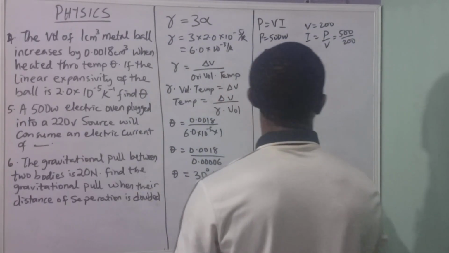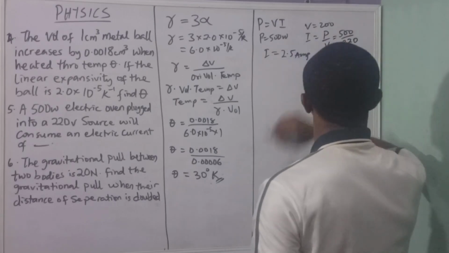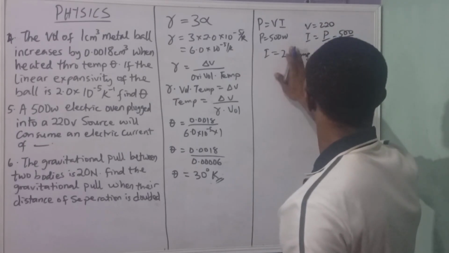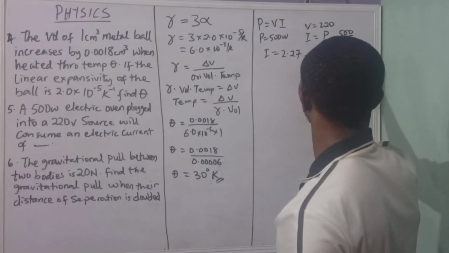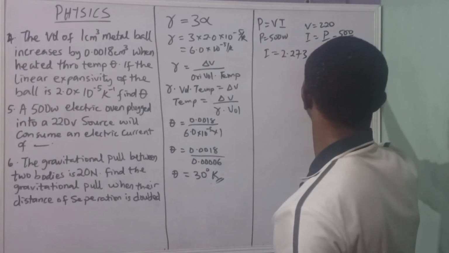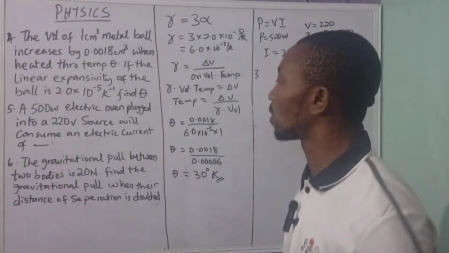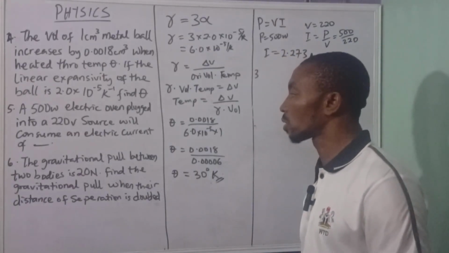Sorry, this is 220, not 200. 220 volts will give us 2.273 amperes.